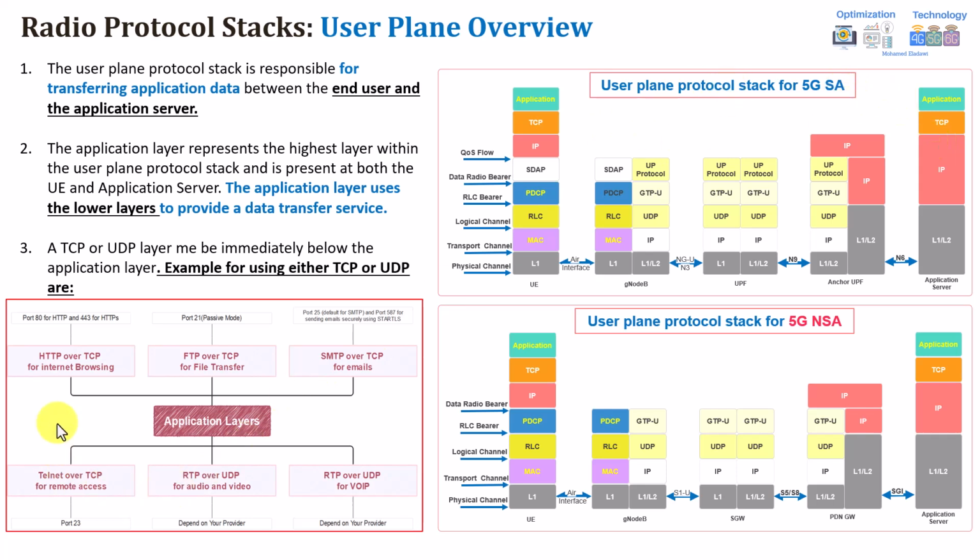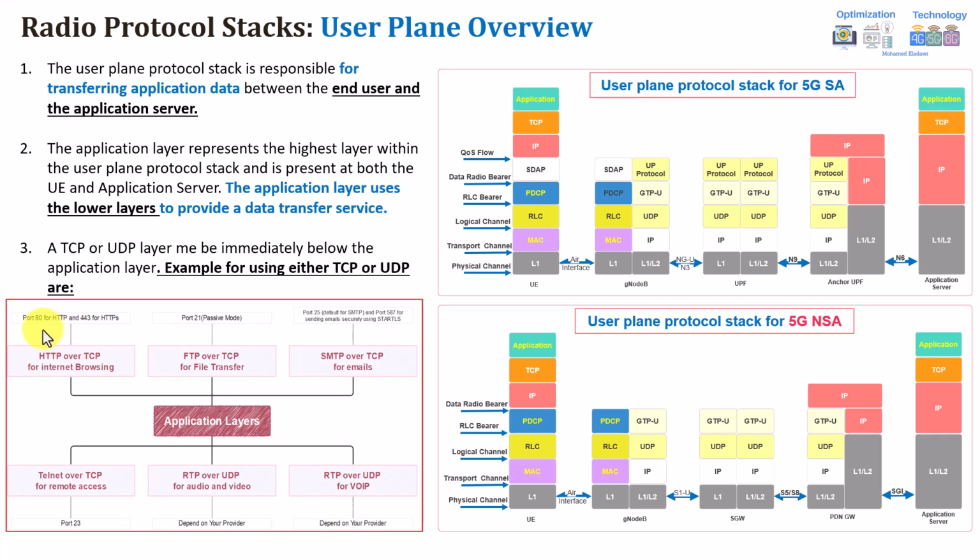For example, as you can see in the bottom left table here, if you have an HTTP service, for example web browsing or internet browsing, this needs to use TCP because TCP is a reliable protocol, which ensures less packet loss. Because at the end, as you know, HTTP or file transfer requires very low packet losses. So once we do HTTP browsing, the application layer will know that it needs to use TCP.